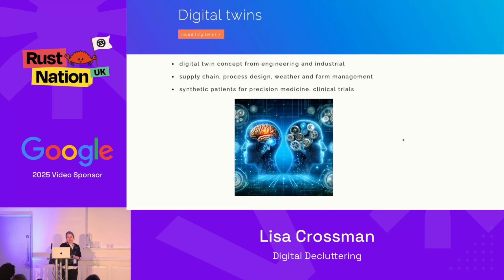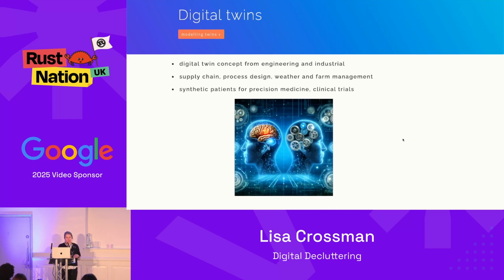So something else which is interesting in terms of synthetic data was digital twins. The digital twin concept comes from engineering and industrial. It's also been used in supply chains, process design, weather and farm management. And people are thinking, could we create synthetic patients for precision medicine?